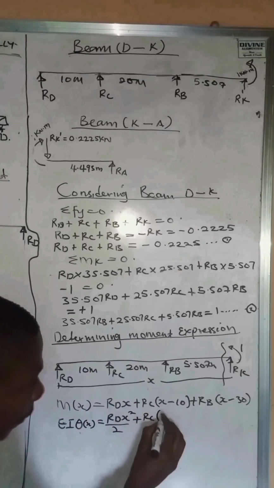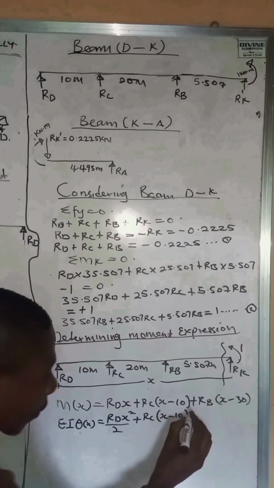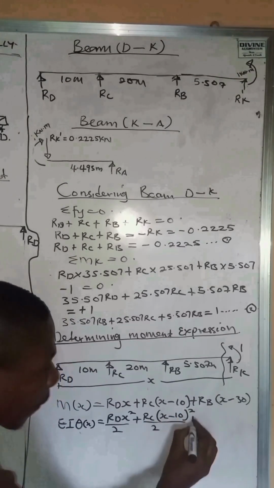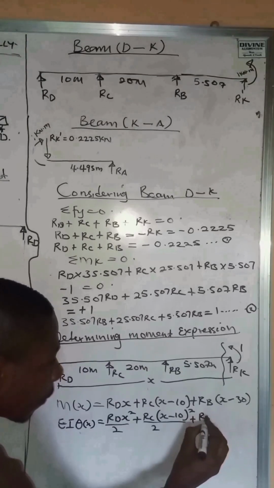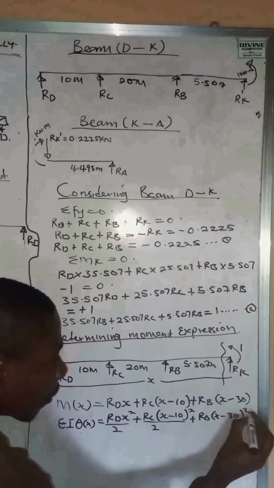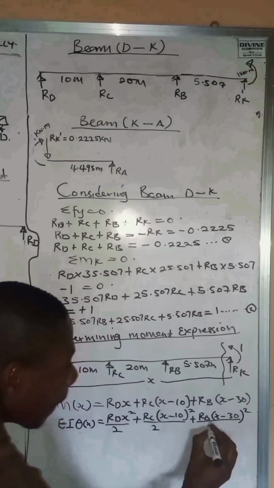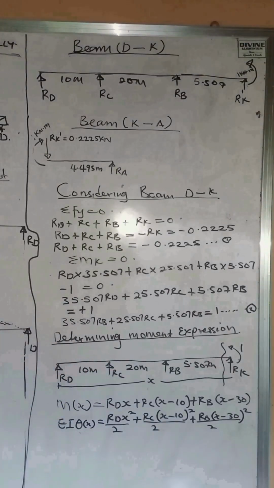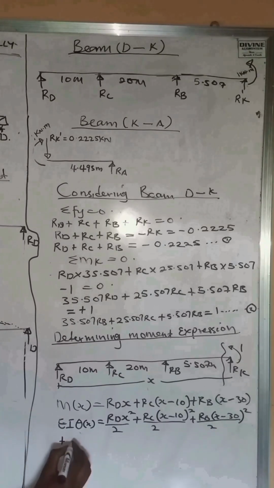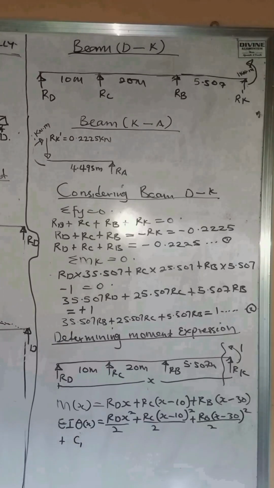When we integrate, we'll have it as this, RB. We have an integration constant. Let's call it C1.